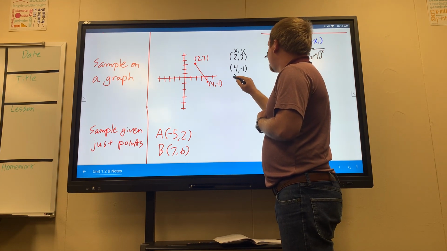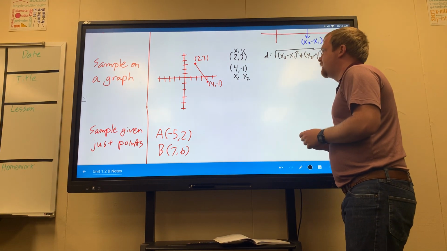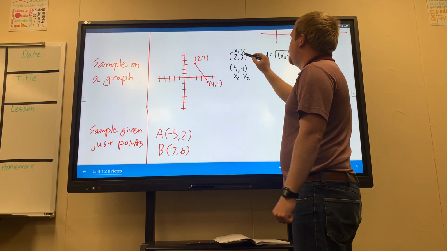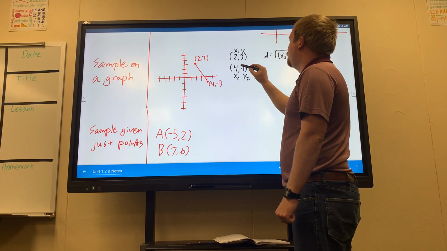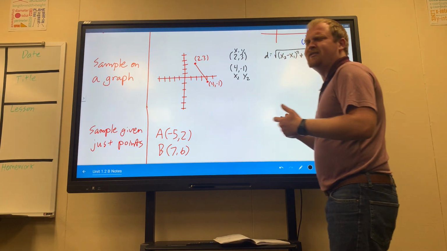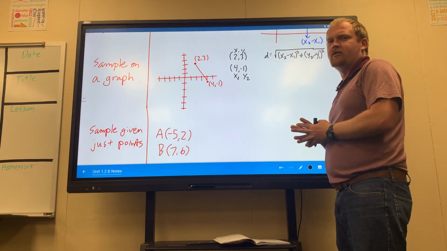If I make this x2, I need to make this y2. Because if I flip-flop them so that I mix up x1 and y2, then I'm going to mess up the problem. So I'm going to label it accordingly, like this.